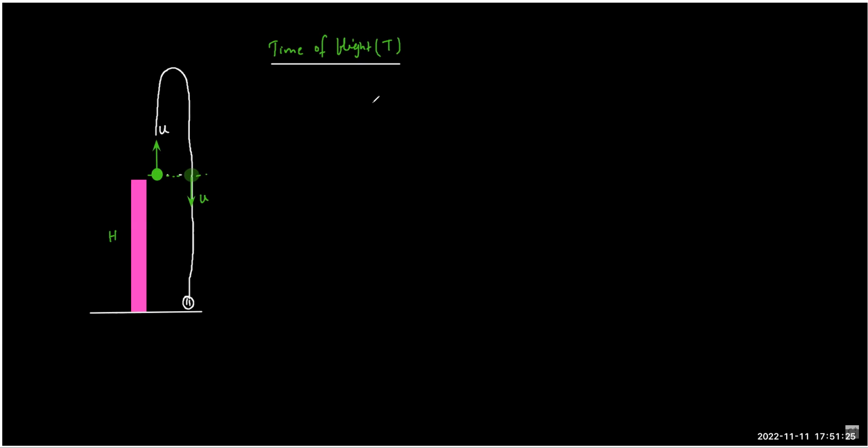You can choose whatever you want, but once you make the choice, you write the things accordingly. So tell me, guys, where would you like to assume the origin? At the point of projection or at the bottom? At point of projection.